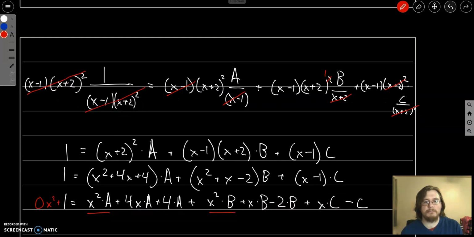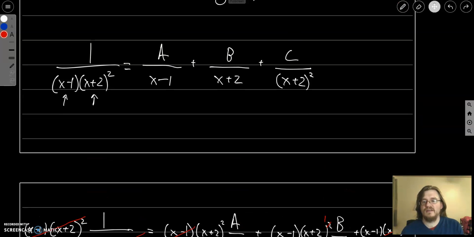So right here, I can substitute a, b, and c in to get my decomposition.